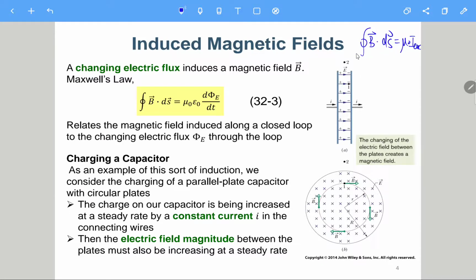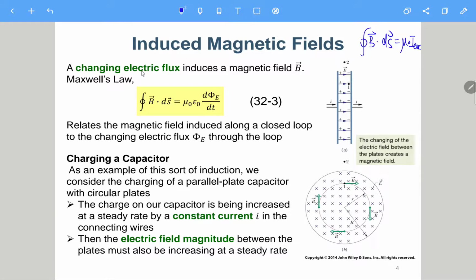At that time it is only for static current. If the current doesn't change, we have this line integral equal to the current enclosed by the Ampere's loop. In this case we have another expression.